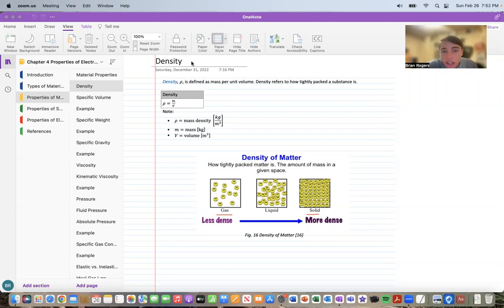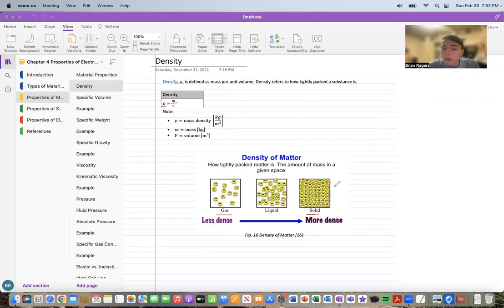So density, just like we talked about the equation, so that makes sense. Density is indicated by the rho here, but it's equal to the mass all over the volume. So how much volume does that mass have within that specific space? So it's basically the amount of mass that you have within the space.